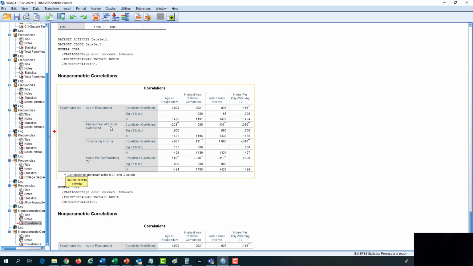Let's look at another one. How about highest year of school completed and total family income? So I'm going to start here on the row of highest year of school and go right over to total family income in the column. And this is what I have, this little cell. So the coefficient is a positive 0.431. That tells you that as the number of years of school completed goes up, total family income also goes up, right?